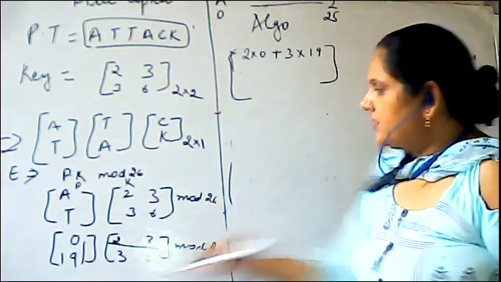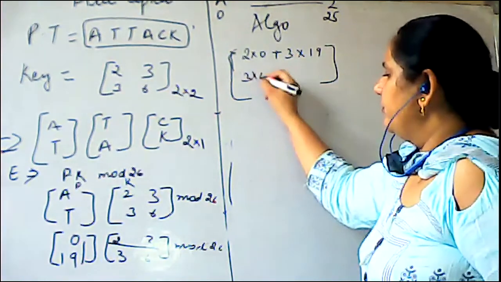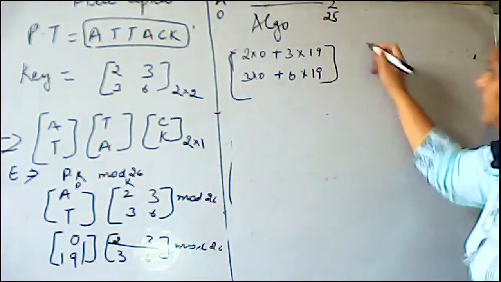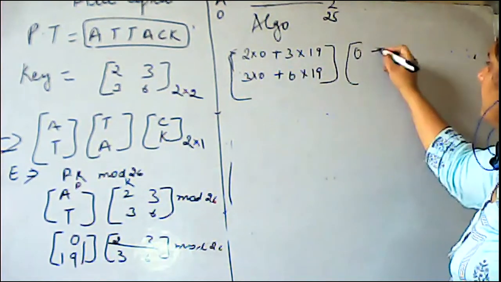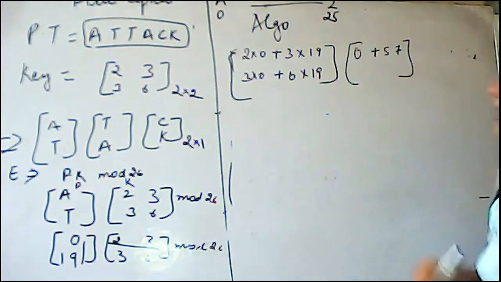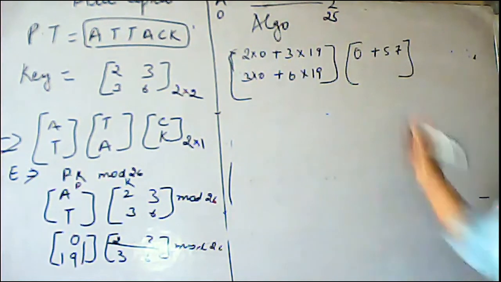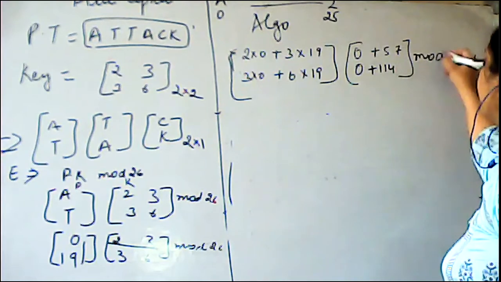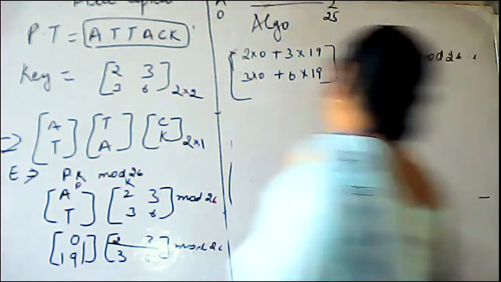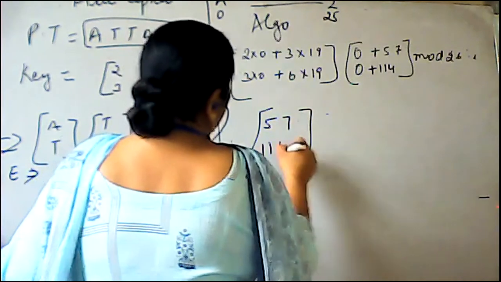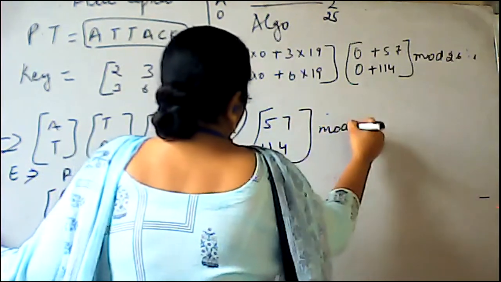Then multiply this 3 into 0 plus 6 into 19. So 2 zeros are 0 and this is 57. 19 threes are 57 and 3 zeros are 0 and you will get 114. 0 plus 114 mod 26. So 57 mod 26 and 114 mod 26.